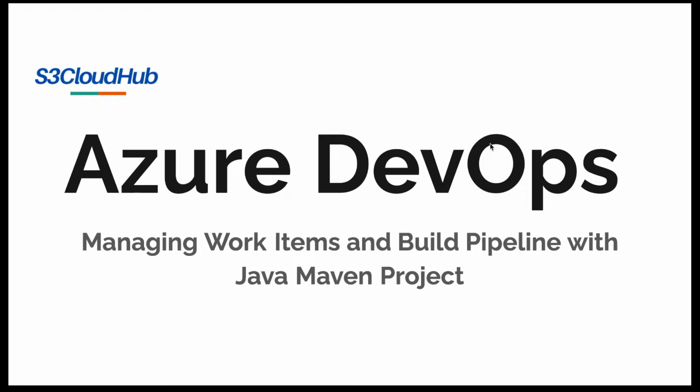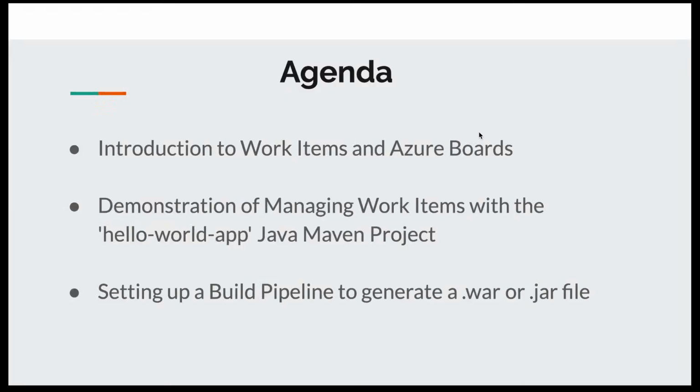So let's quickly go over what we will cover today. Our agenda includes an introduction to work items and Azure Boards. We will go into deep knowledge of this. Then a live demonstration of how to manage work items using our Hello World app Java Maven project.